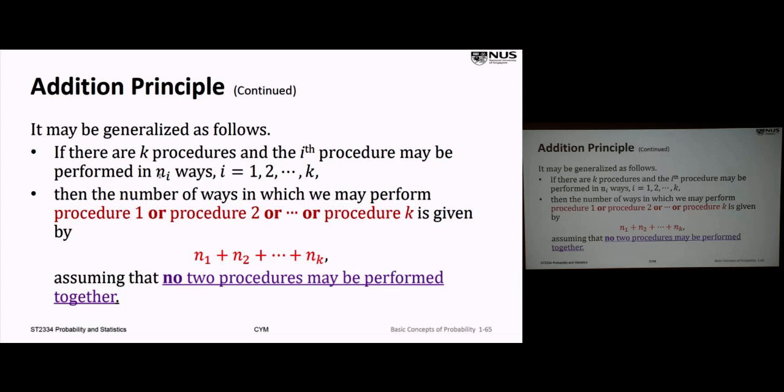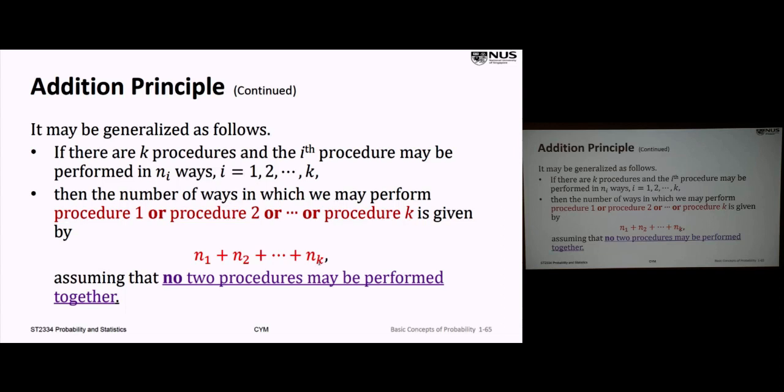Then the way in which we may perform procedure 1 or 2 or ... or k is just the sum, the sum for i from 1 to k of the ni's, or if you prefer, n1 plus n2 plus ... plus nk. The constraint is that no two procedures can be performed together, because if they can, this is obviously not the answer.